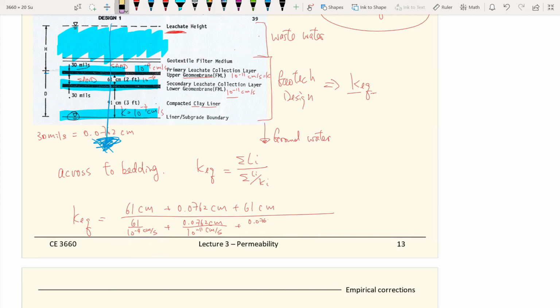And then you have another sand layer right there, and then on top of the geomembrane layer. And lastly is your clay layer, which is 91 centimeters.